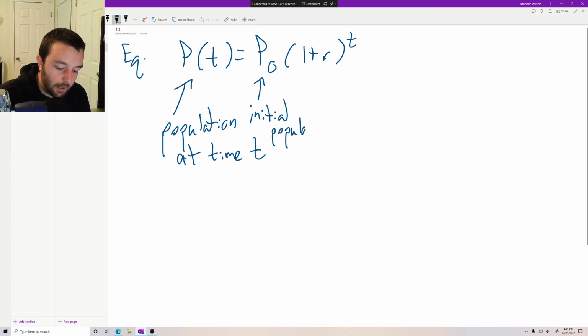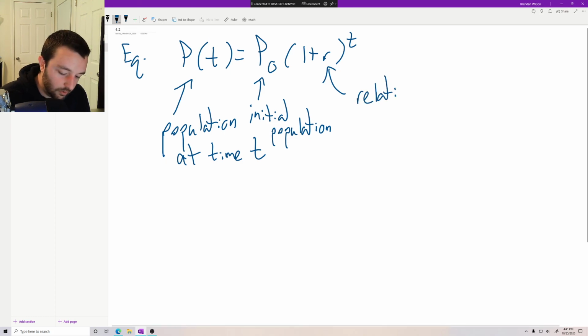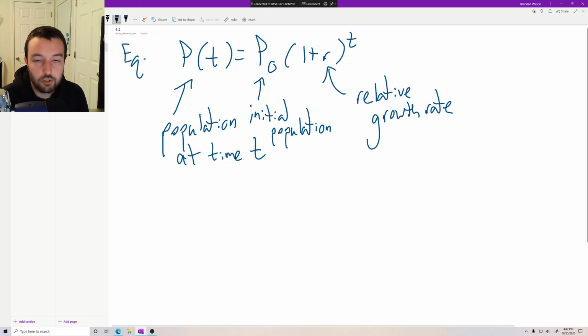So we're just putting it in terms of population this time instead of money. r is the relative growth rate. So just how fast the population is growing. Maybe it's going up by 5% every year or something like that. Maybe it's going down by 2% every year. Then in that case, our r would be negative 0.02. We'll look at that more next time. And then this is time.